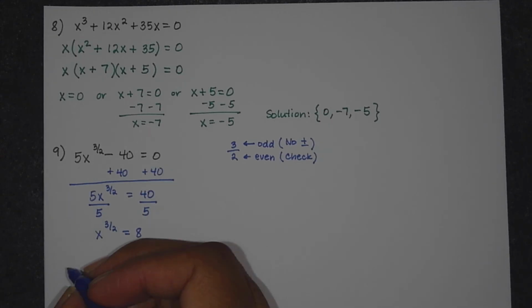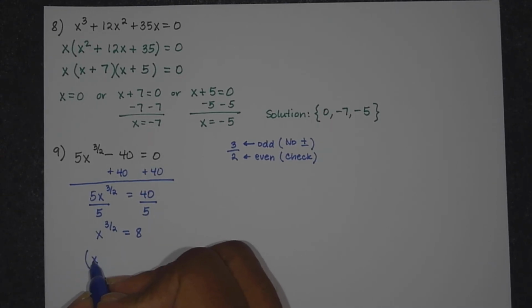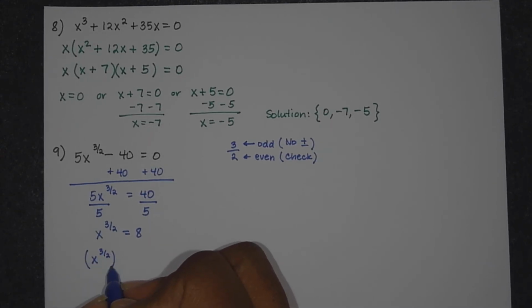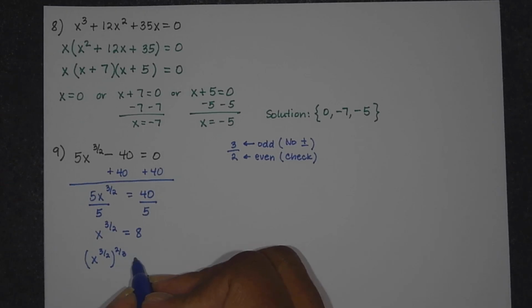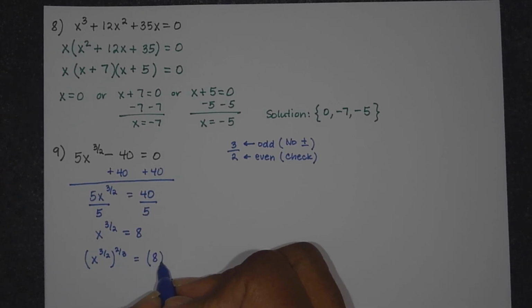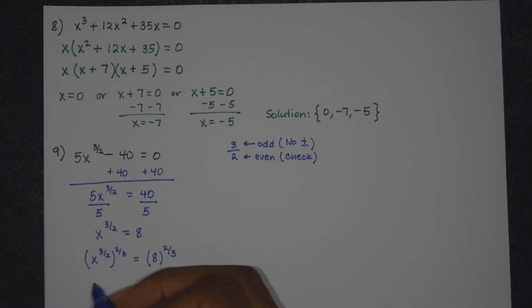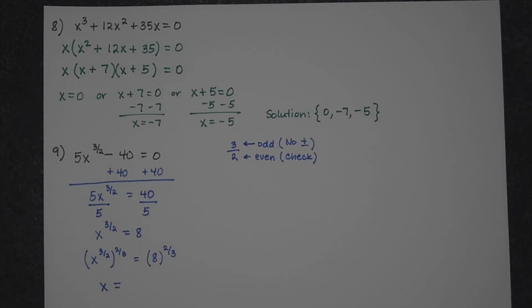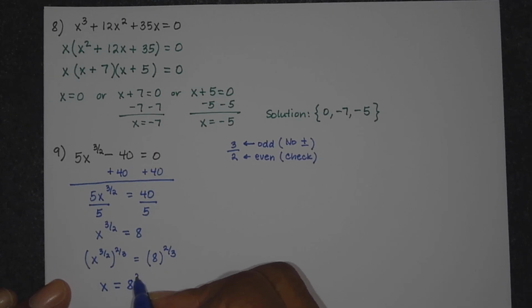So that means I'm going to raise both sides of this equation to its reciprocal power, which is going to be to the 2/3. So that means I'll have x by itself, and that's equal to 8 to the 2/3.